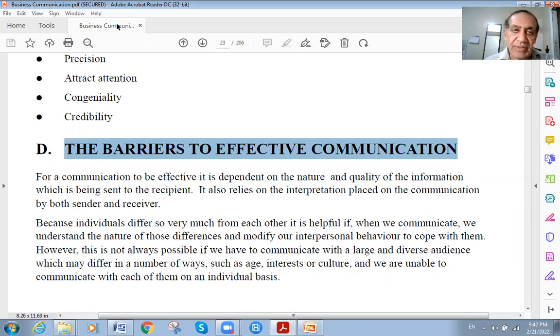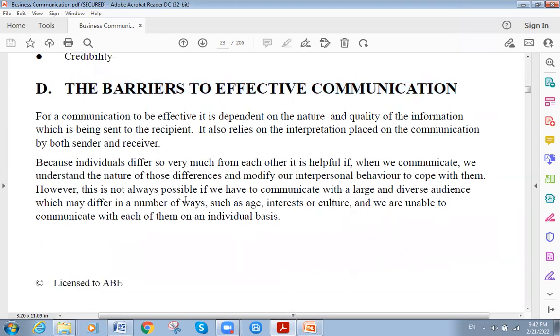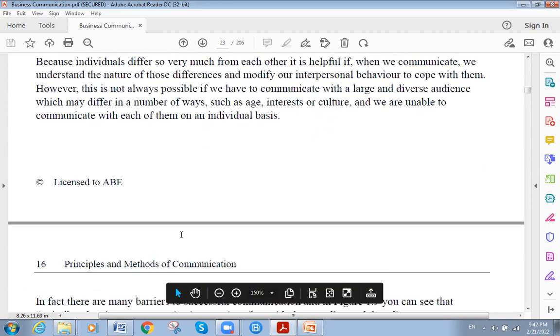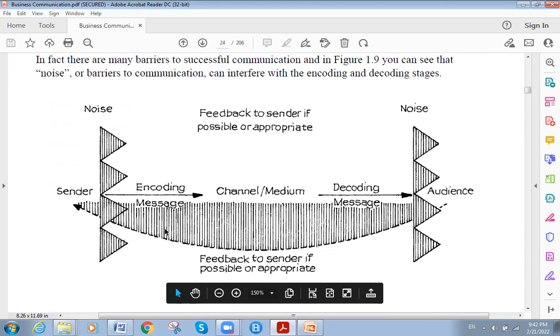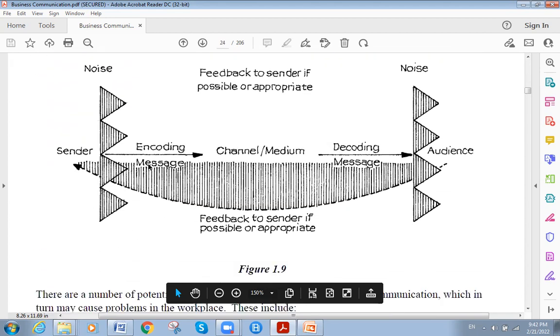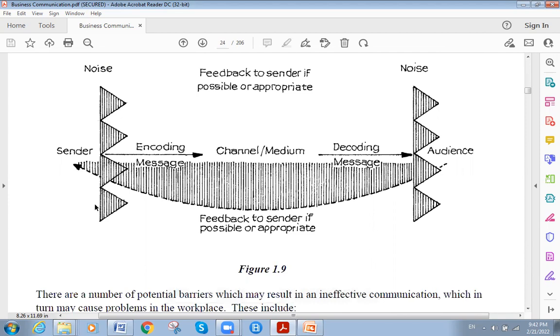This is also another point: using a non-proper way of communication. The way of communicating is not very nice. So here we have things which are barriers for communication, like noise, for example.